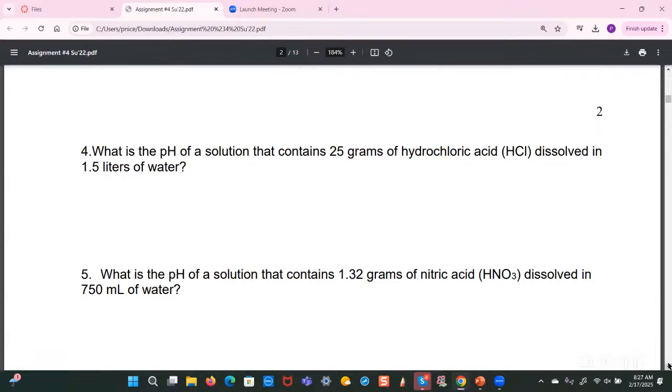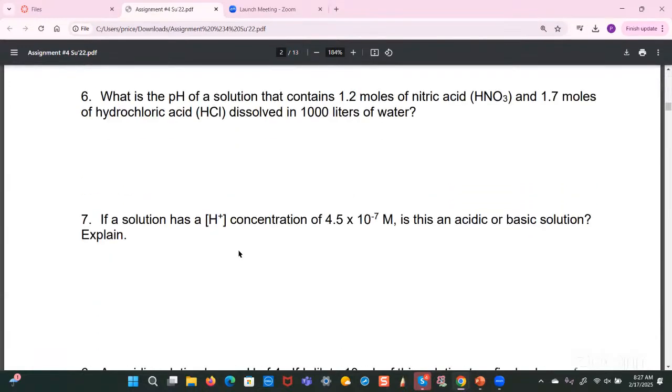According to question 7, if a solution has an H plus concentration of 4.5 times 10 to the minus 7, is this an acidic or basic solution? What do you think? Let me give you a little hint here. The equation that would come into play here would be Kw, which is equal to 1.0 times 10 to the minus 14, is equal to the concentration of H plus times the concentration of OH minus.